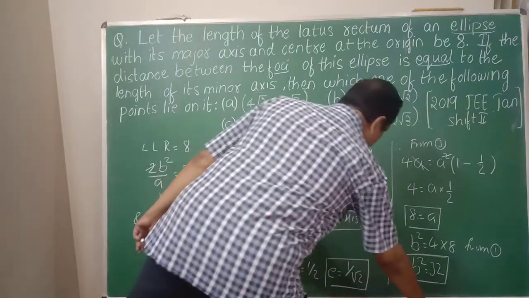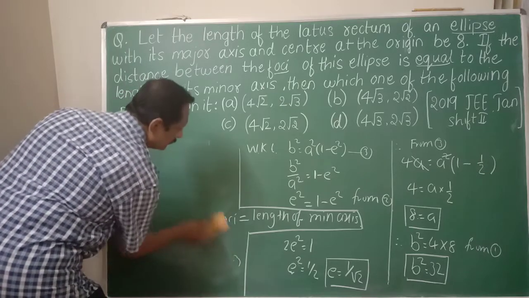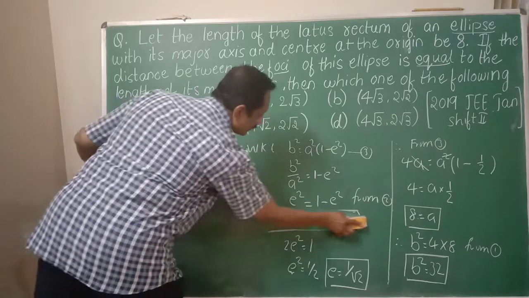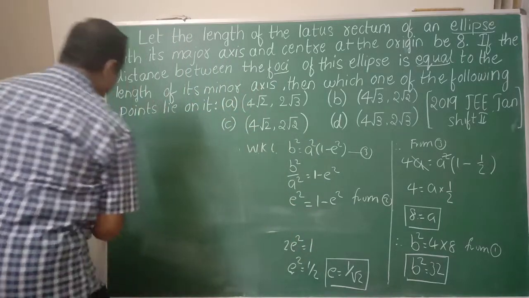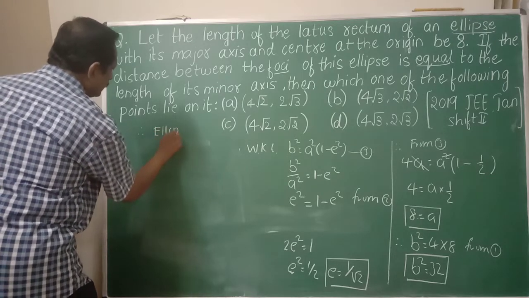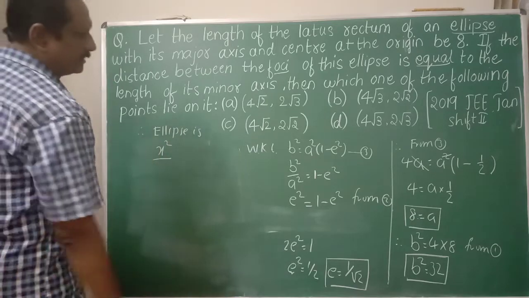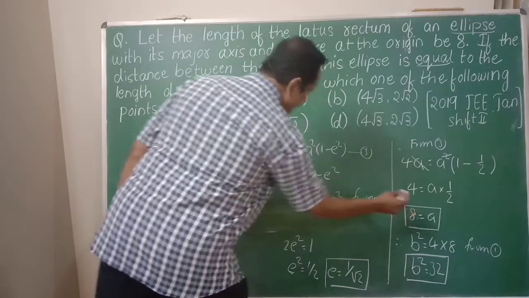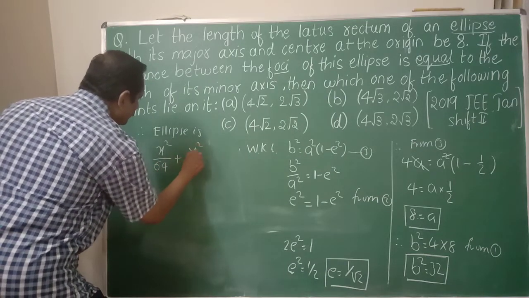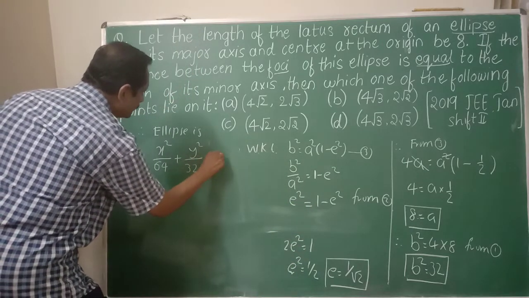Therefore the equation of the ellipse is x² divided by a², which is 64, plus y² divided by b², which is 32, equal to 1.